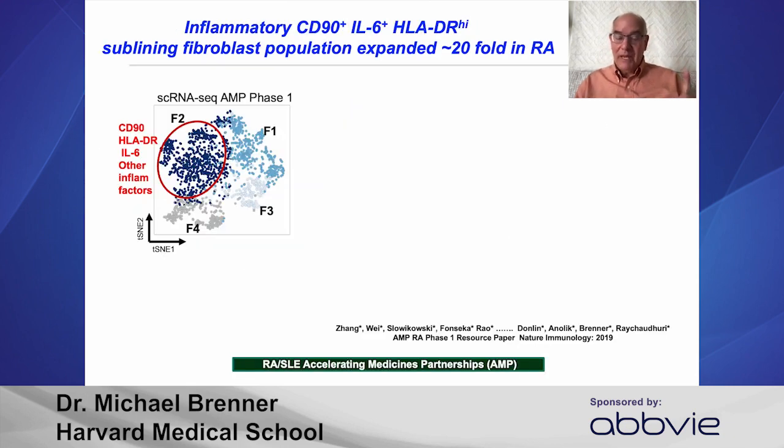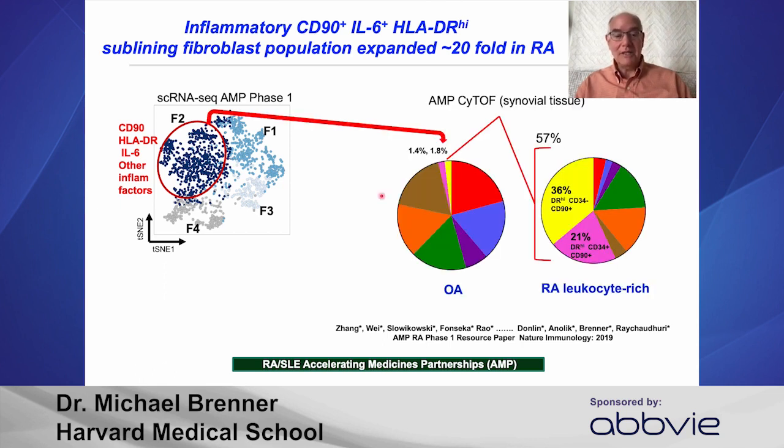And that population turns out to be massively expanded in rheumatoid arthritis. These are all the fibroblast populations, and this population represents 1 to 2% of the fibroblasts in healthy tissue, but this population represents over half of the fibroblasts in rheumatoid arthritis. So it's an inflammatory sublining population that's massively expanded in RA.